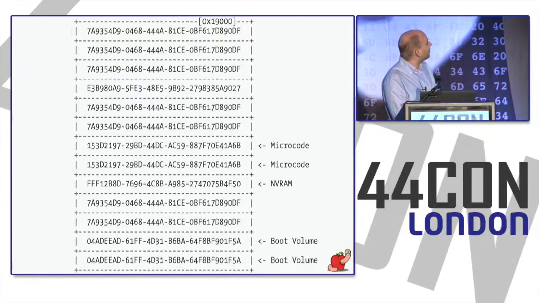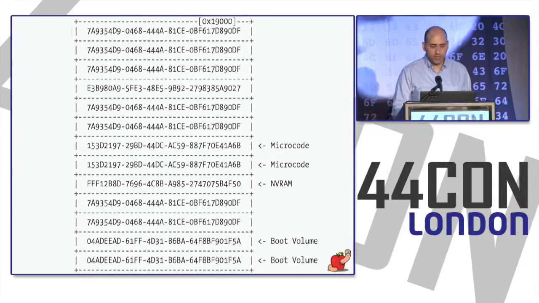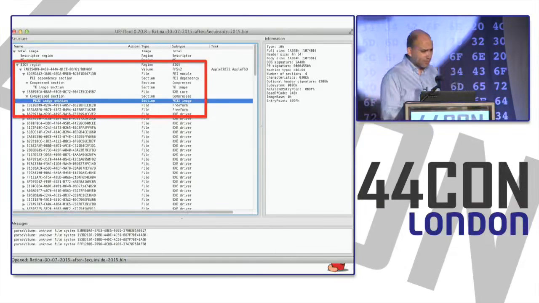You can start identifying, for example, this is a dump of mine, it contains 2 microcode firmware volumes. I'm not sure why they duplicate, probably as a backup. You can identify the NVRAM, it's a firmware volume. You can identify the boot volumes, and these are generic volumes that contain EFI drivers.